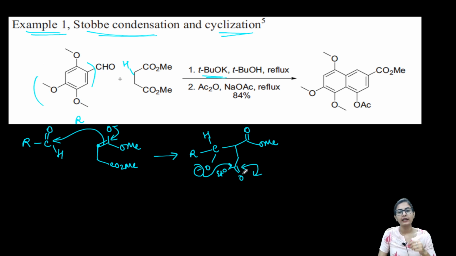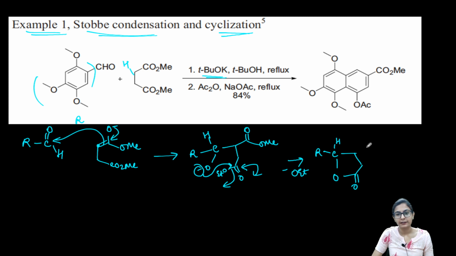It can fall back, and again the ethoxy group is going to get removed, minus OEt. Okay, it's getting removed, and what do you get? You get something like this, oxygen and a 5-membered ring. So this is a ketone. This is an ester, lactone. Yes, OMe. This is what you get.